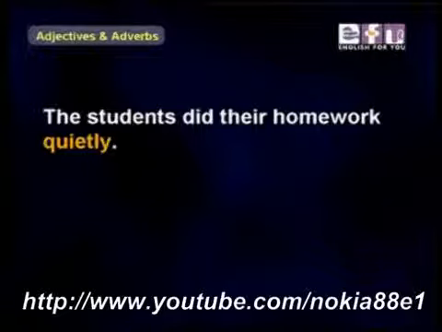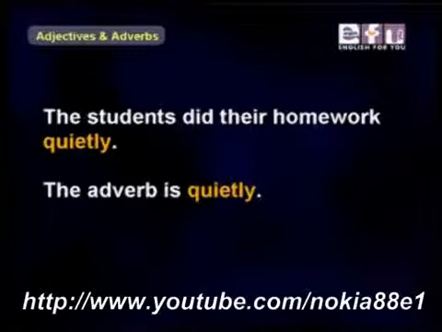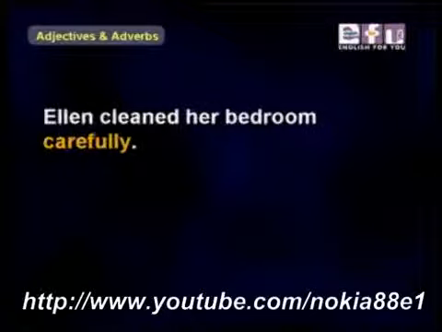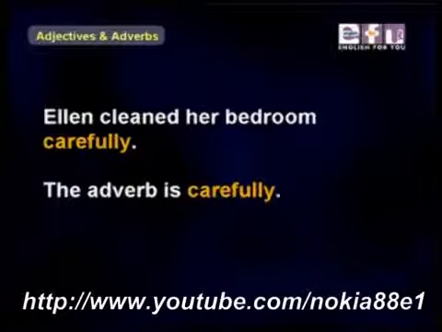The students did their homework quietly. In this sentence, the adverb is quietly because it's describing how the students did their homework. Okay, next example. Ellen cleaned her bedroom carefully. The adverb is carefully.